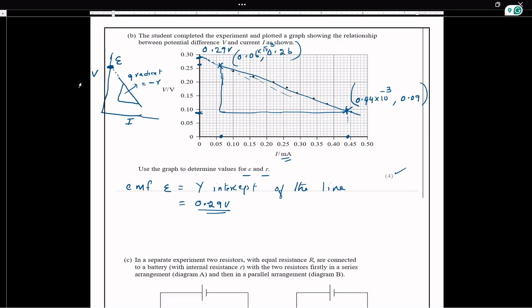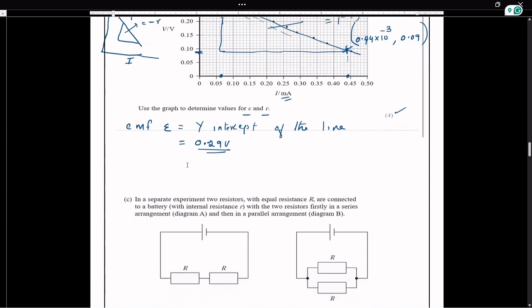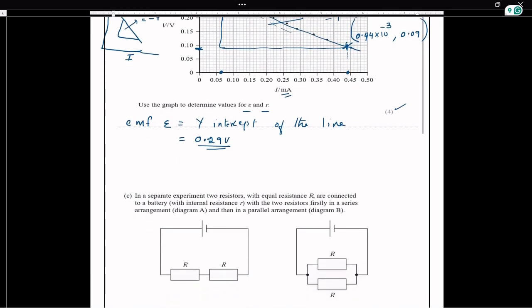This is the triangle. Now from here, the gradient equals negative r. So let us calculate the gradient. It equals delta y by delta x.